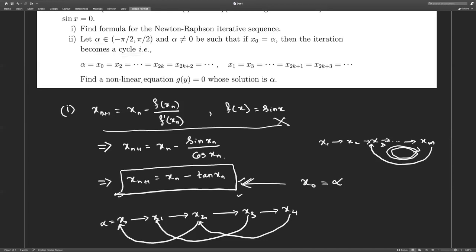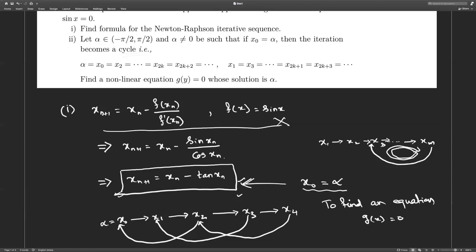And in this particular equation, that is sin x equal to 0, you can find an x naught such that you may land up in such a cycle. Now, the problem is asking you to give a nonlinear equation, g of x equal to 0. Carefully understand, to find a nonlinear equation, g of x equal to 0.